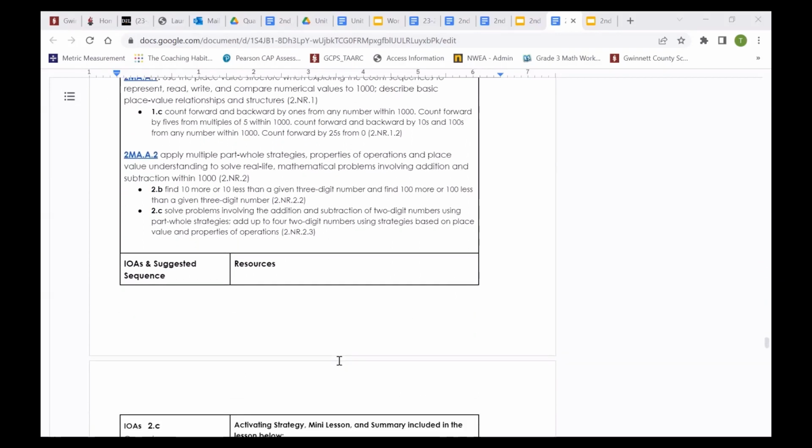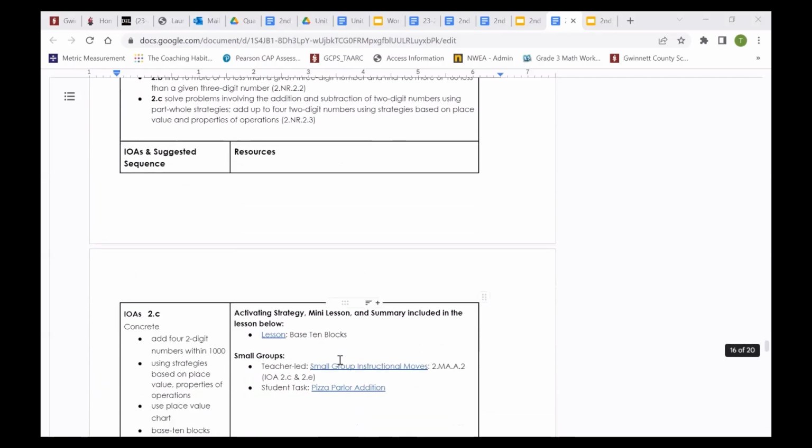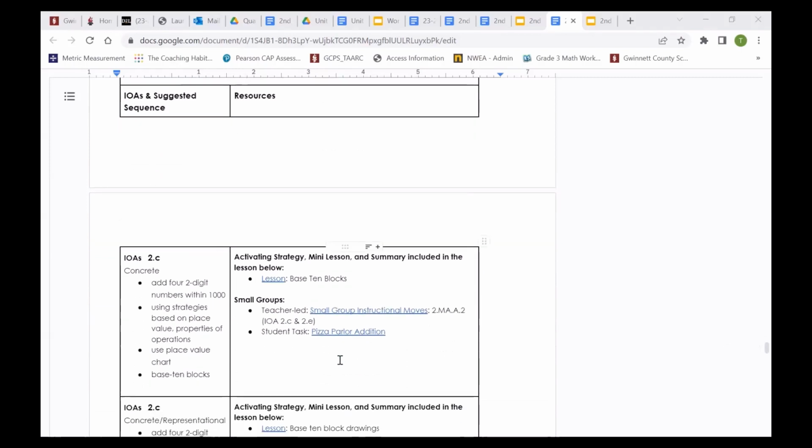As we revisit AKS 2, IOA 2C, students will begin on the concrete level as they add 4 two-digit numbers. Previously, we limited them to only adding 3 two-digit numbers, but at this point in the year, they will add 4 two-digit numbers within 1,000.